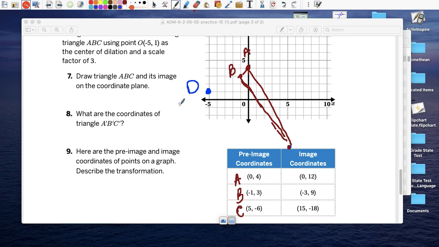They want us to use a scale factor of 3, so you have got to be kidding. Everything was good, ladies and gentlemen. I was actually, I'm going back to this.